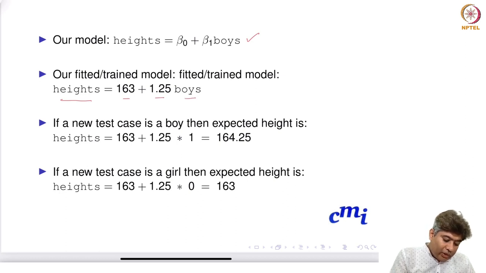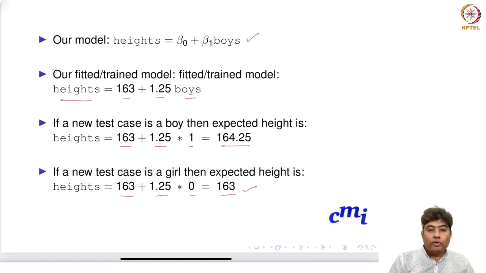If a new test point is a boy, then the expected height is 163 plus 1.25 times 1, which gives 164.25. If a new test case is a girl, then the expected height is 163 plus 1.25 times 0, which is 163. That is how we can handle the dummy variable.